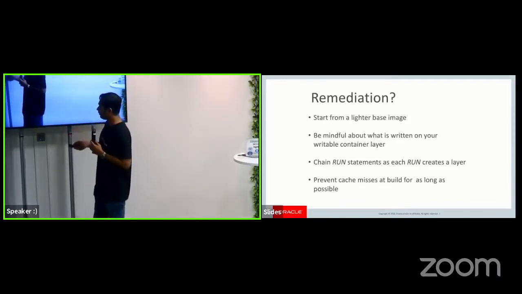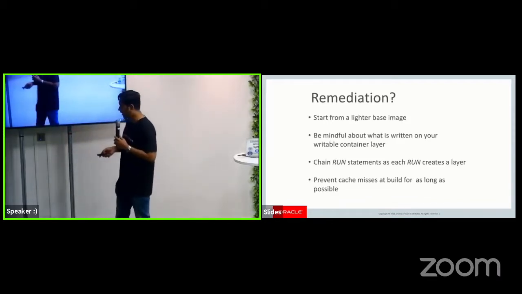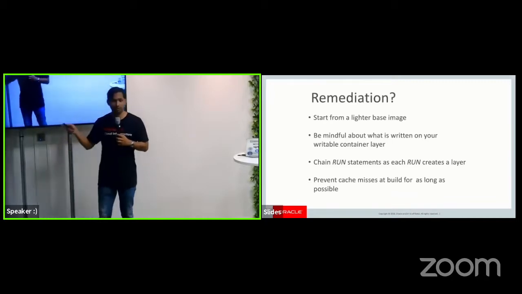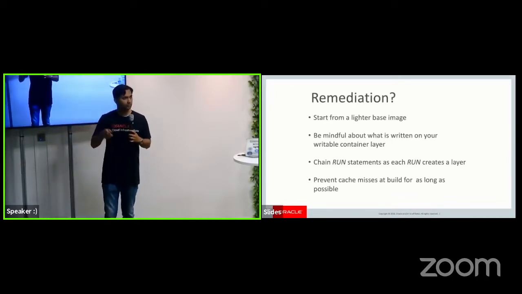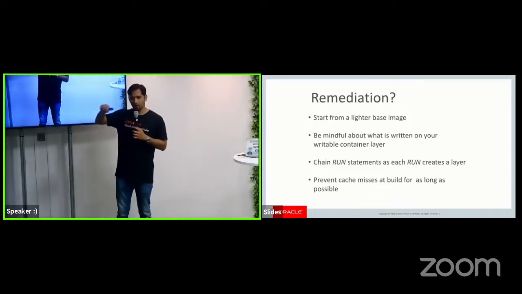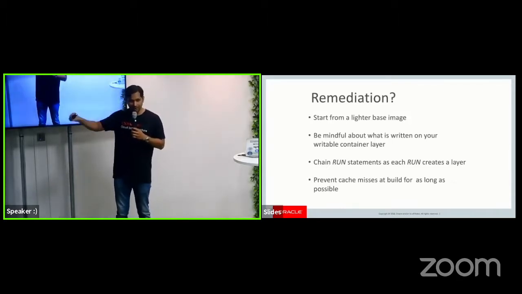So be mindful about what is written on your writable layer, and chain your RUN commands, as each RUN creates a layer. We'll be talking about the RUN command that you need to run within the Dockerfile. One RUN command creates one Docker layer. That's a read-only layer when you build that.